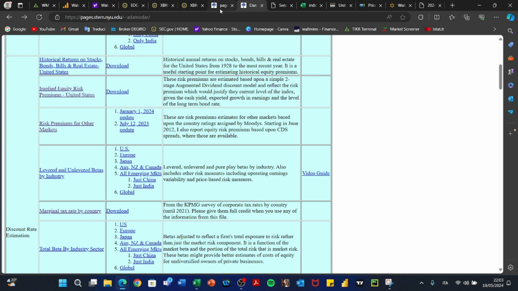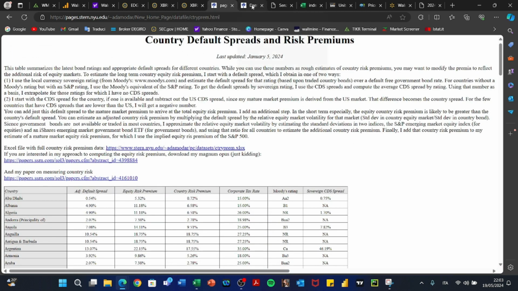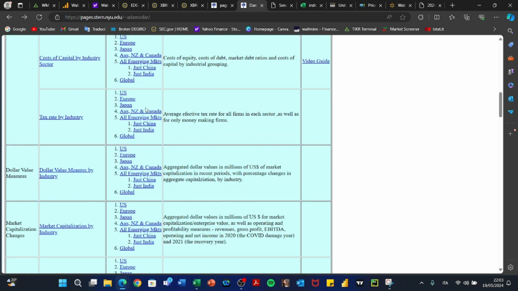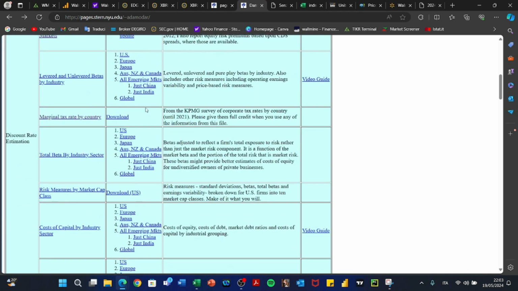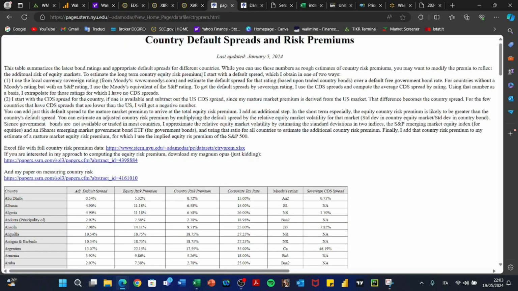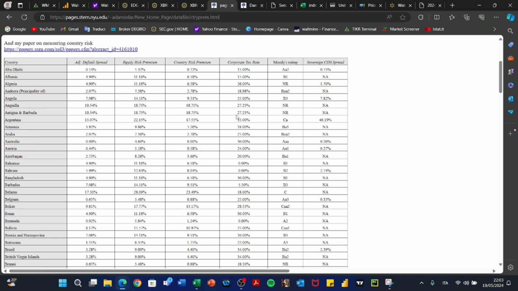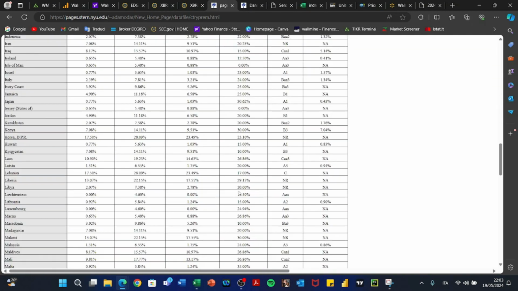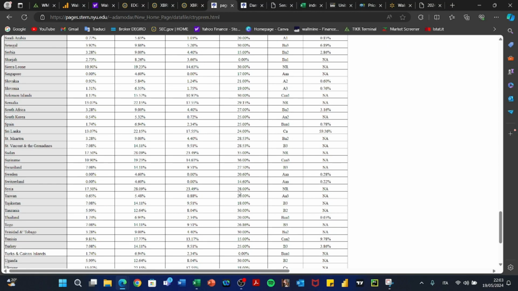You should go on country default. Okay, country default. Don't know where I can find them. By the way, you should go on the country default spread and its premium. If you want, I can put the link in the comment if you need.